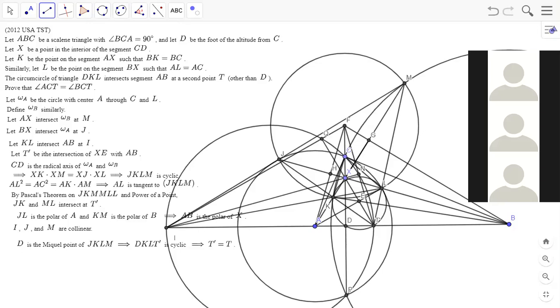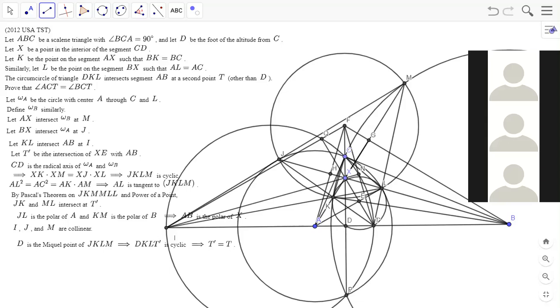And we need that to be equal to AC over BC, which is AL over BK. We want AL over BK.